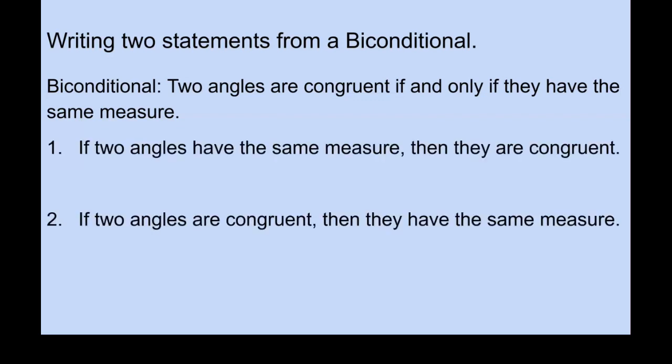So let's look at that. Notice that the hypothesis of the biconditional is my hypothesis of my second statement, of my converse statement, and that the conclusion of my biconditional is the hypothesis of my first statement. So if you have two angles of the same measure, then they are congruent. In the second statement, if two angles are congruent, then they have the same measure.